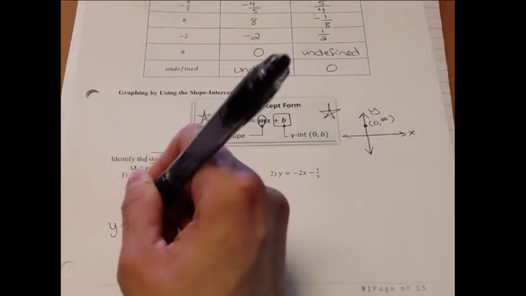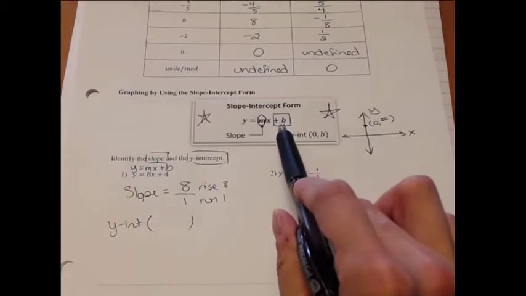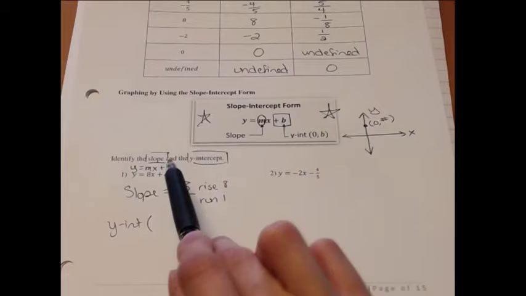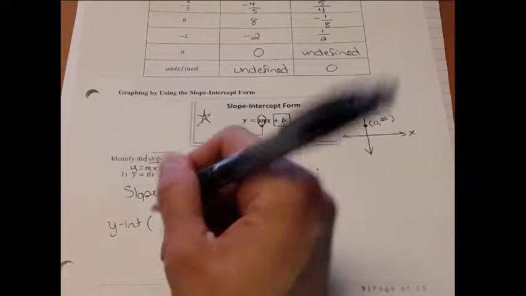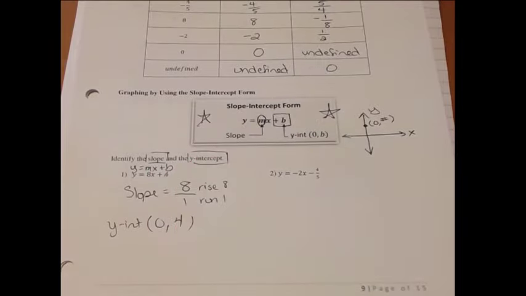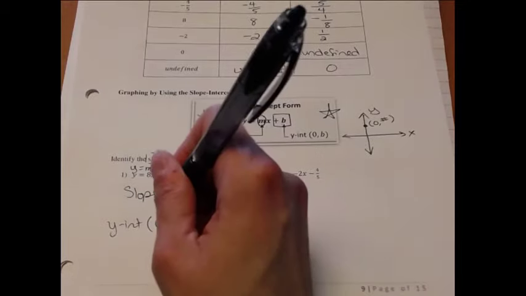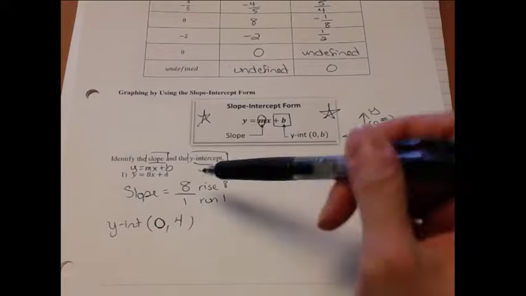Next, I want to identify my y-intercept. The b term, so the constant term in our equation, represents the y-intercept. And in this case, our y-intercept is 4. Okay, so it's 0, comma 4. I want you to then think about this logically.